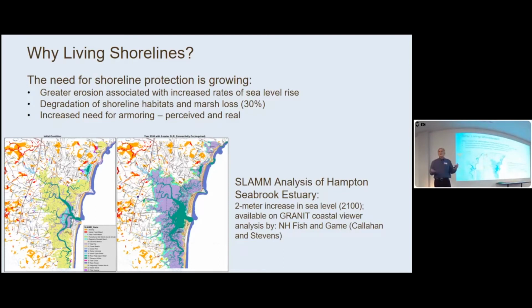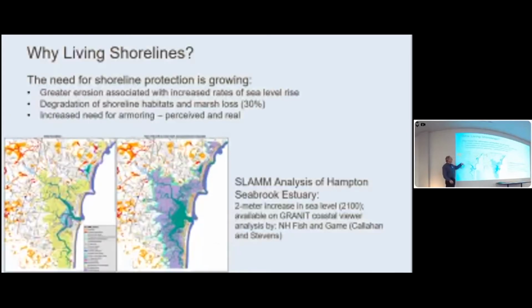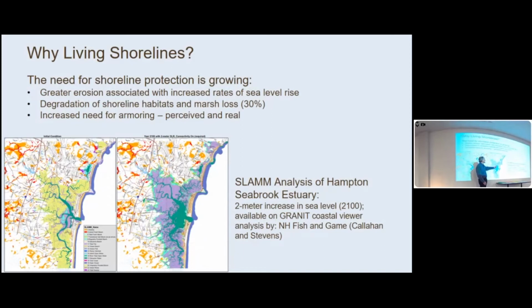We've lost about 30% of our salt marshes in New Hampshire. And this is not Great Bay estuary, but it's Hampton Seabrook estuary because it's so dramatic. All this yellow is high marsh, and this light blue is low marsh. And with 6.5 feet of sea level rise over 60 or 70, 80 years in one scenario, even though the marsh is building, this all turns into mudflat.